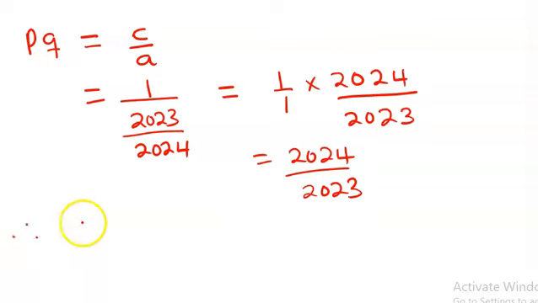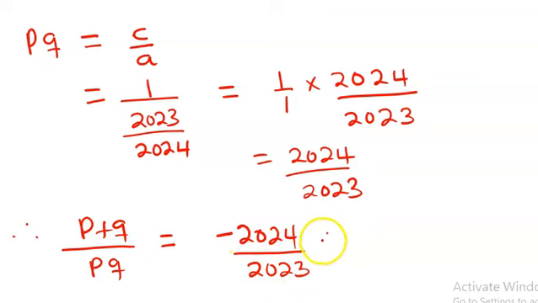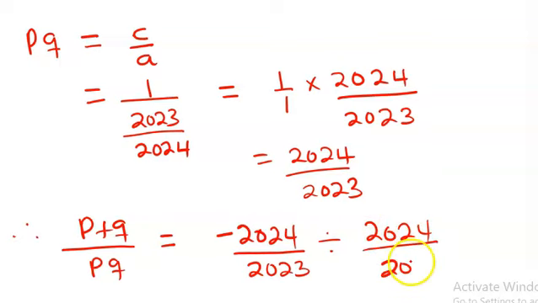So therefore we have p plus q over pq, which would be minus 2024 divided by 2023, all divided by 2024 over 2023.